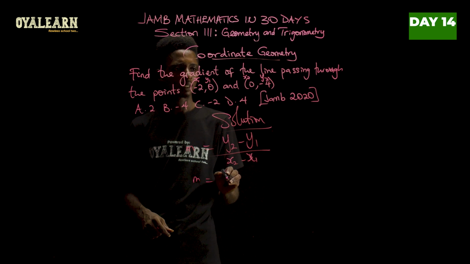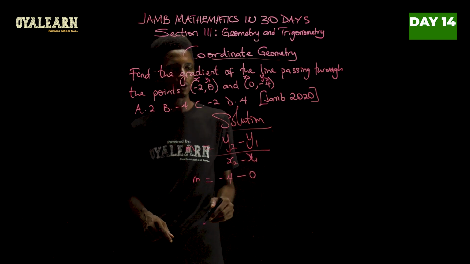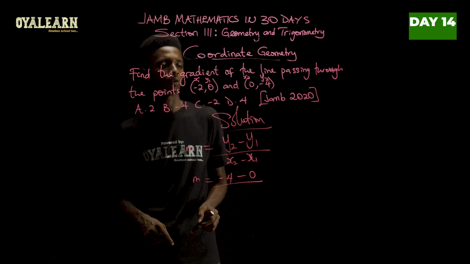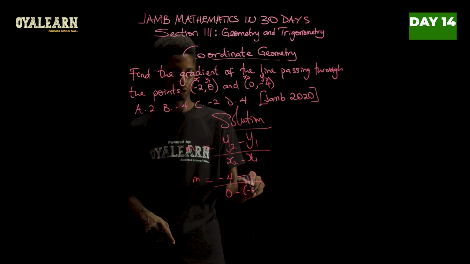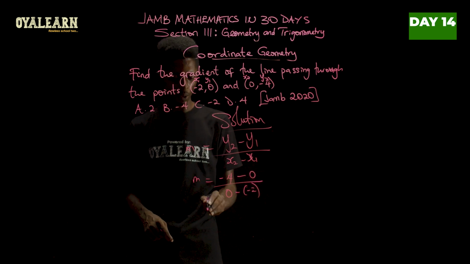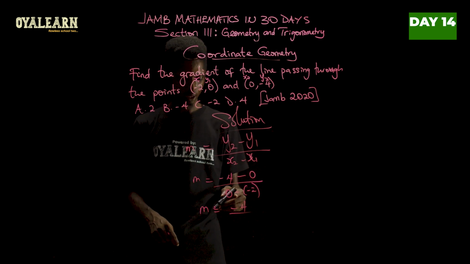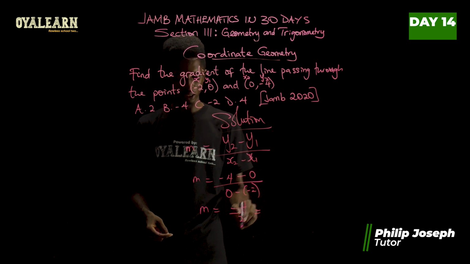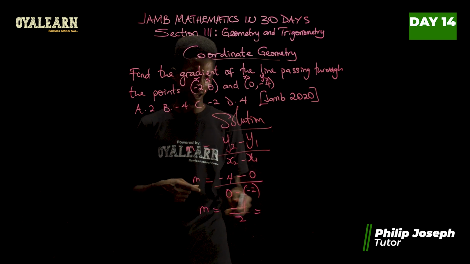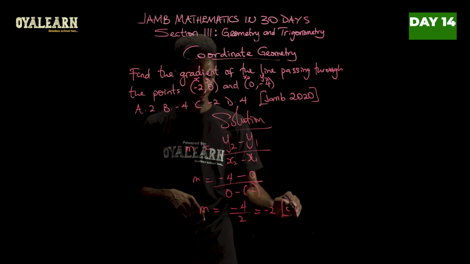Y2, that is minus 4, then minus 0, all over x2, 0 minus minus 2. Now when we work with this, we see that m therefore becomes minus 4 all over, minus times minus gives us plus, so this is plus 2. Therefore, our slope or gradient is minus 4 divided by 2, which will give us minus 2. So the correct option is C.